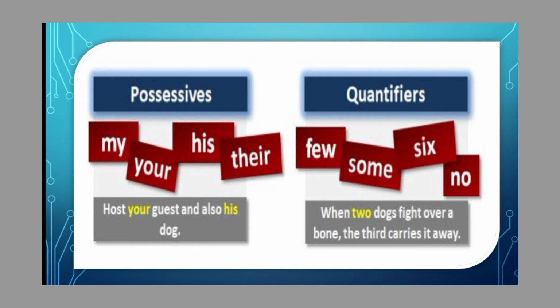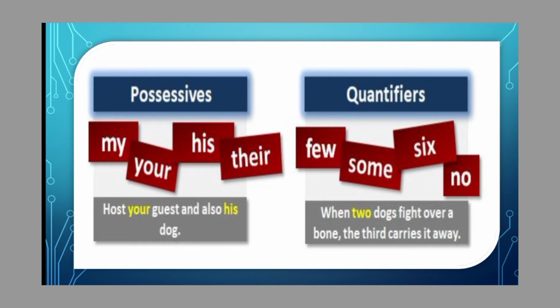Next, quantifiers. Quantifiers means how much. He has a pen. So here a is an article, but you can say he has 5 pens. So the word 5 acts as a quantifier. And she has 2 cars.